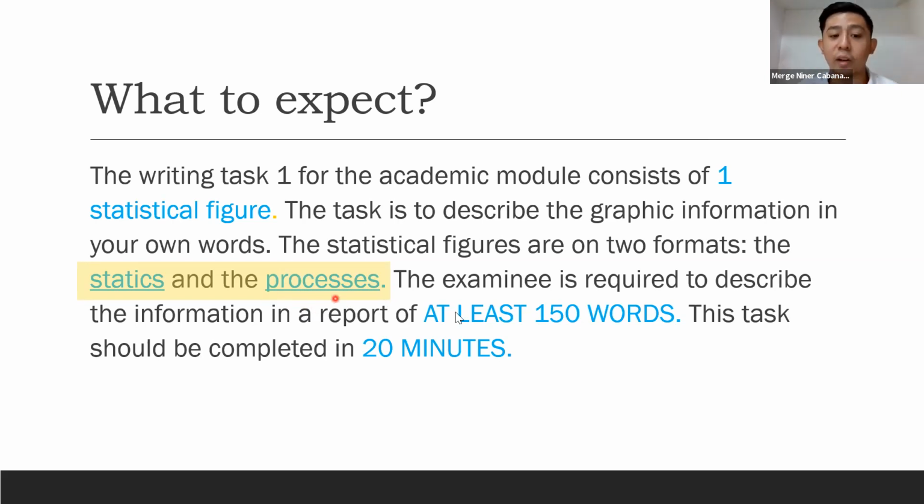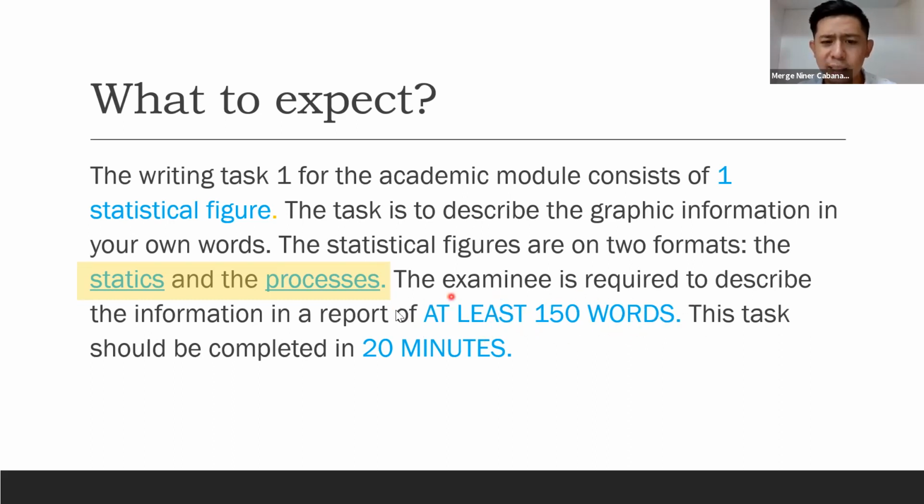So for your task here, you have to complete it. The completion of your task is specifically necessary. It is really important that you complete your task. And to complete the task, you have to write a report of at least 150 words.